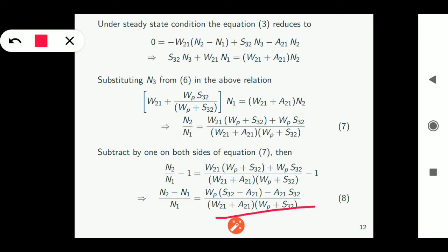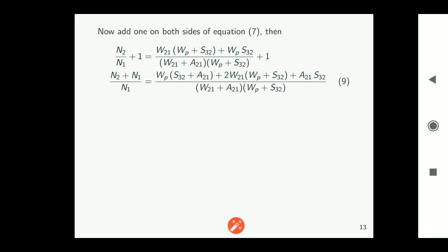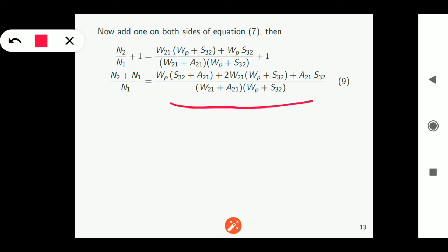That's simply algebraic simplification. Now next we will add 1 to equation 7 on both sides. You get N2 plus N1 divided by N1, which is equal to this particular part. Since both these equations are derived from equation 7, the denominators of equation 8 and equation 9 are the same, whereas the numerators are different because in one case we are subtracting 1, in another case we are adding 1.